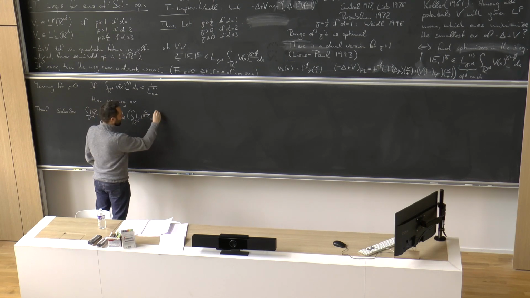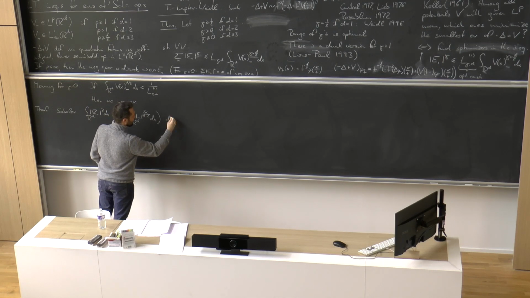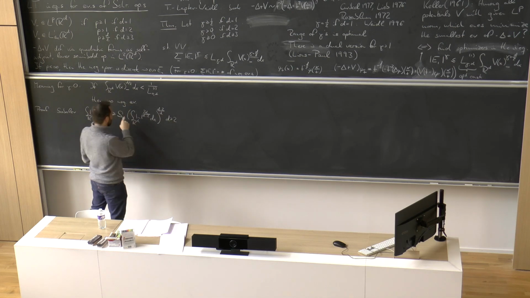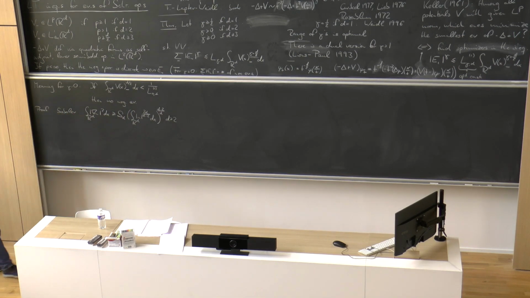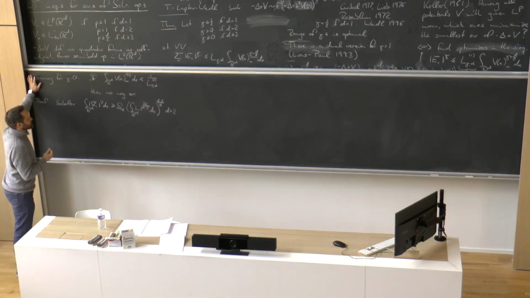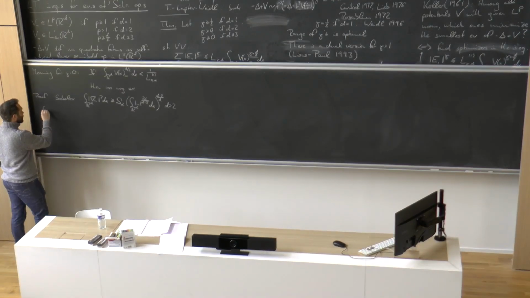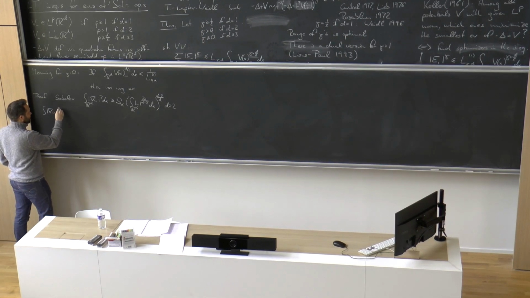The dimension is strictly greater than 2, and S_d for me is the sharp constant. So what do I do? I look at the quadratic form of my Schrödinger operator. Here it is.